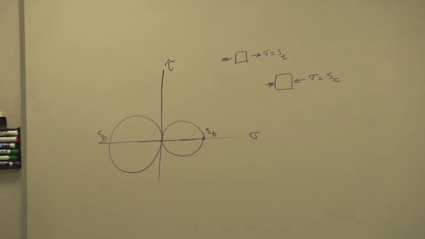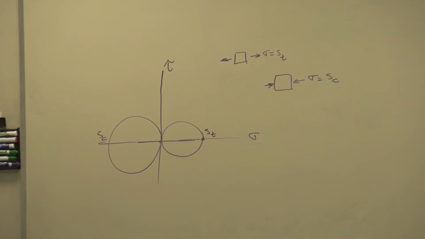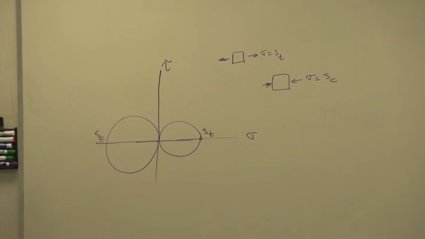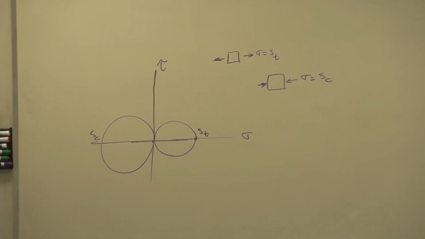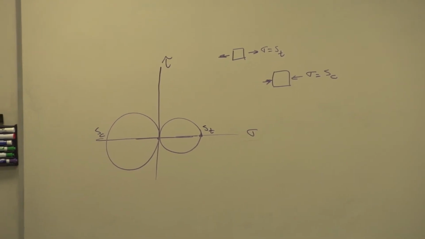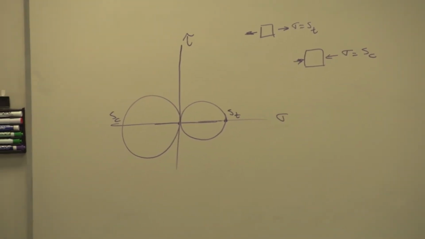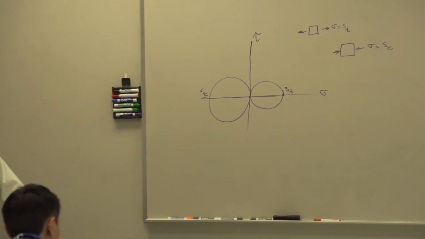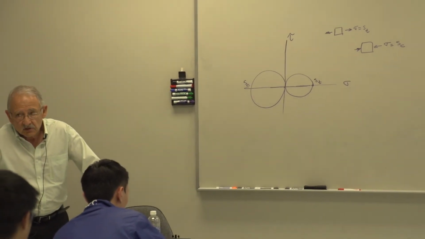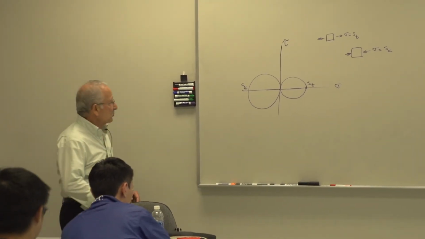Notice that the magnitude of SC is larger than that of ST. Brittle materials are much stronger in compression than they are in tension. For failure, we need crack propagation. Propagation of a crack requires tensile stress, not compressive.